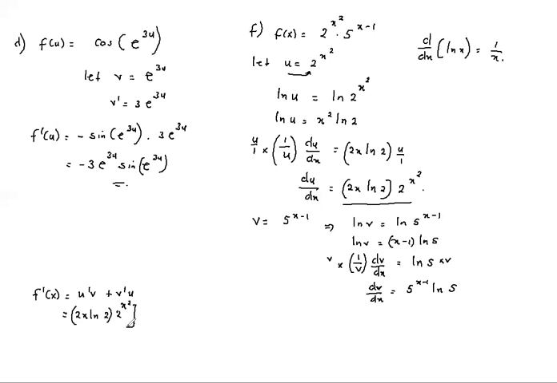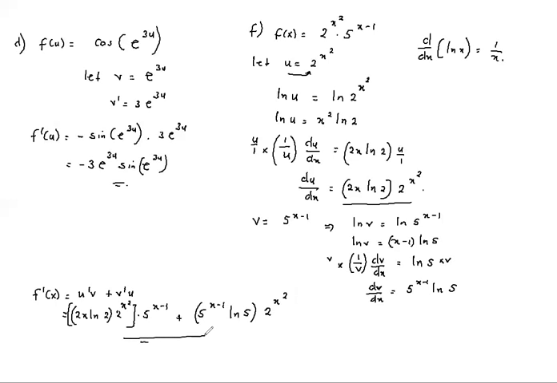This whole thing we multiply by v, and v is 5^(x-1), plus the derivative of v, which is 5^(x-1) ln 5 multiplied by u, and u is 2^(x^2).